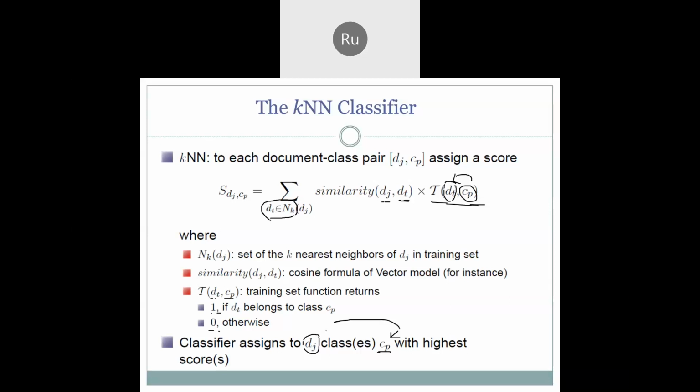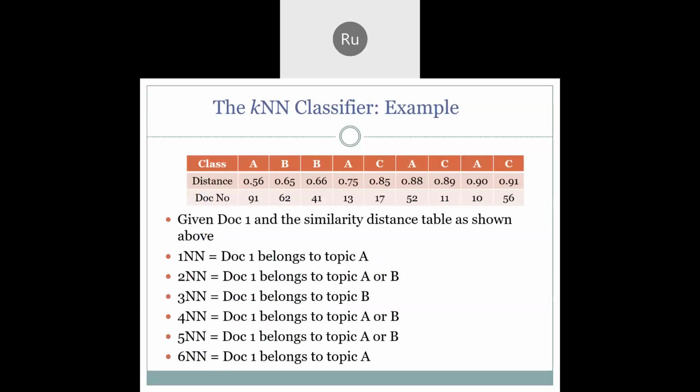So let's take a look at how we define this. For example, given document 1, this is all the documents that we have. This is a document ID, and this is the distance. Remember that you have studied how to compute the distance between the query and the documents that we have.